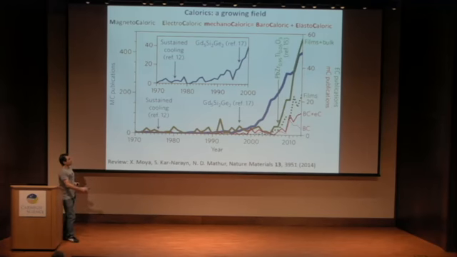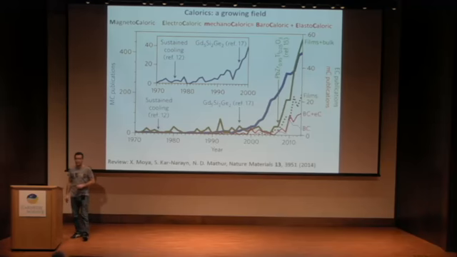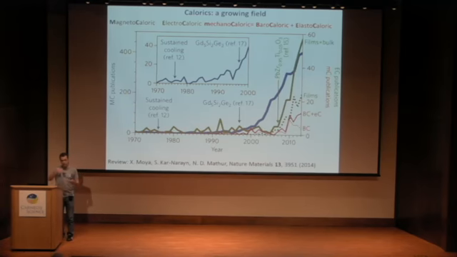A lot of work has been done also using magnetocalorics, or you may apply a mechanical stress, and you have the so-called mechanocalorics: either elastocalorics, if you apply just a uniaxial stress on your system, or barocalorics, in which case you apply a hydrostatic pressure.